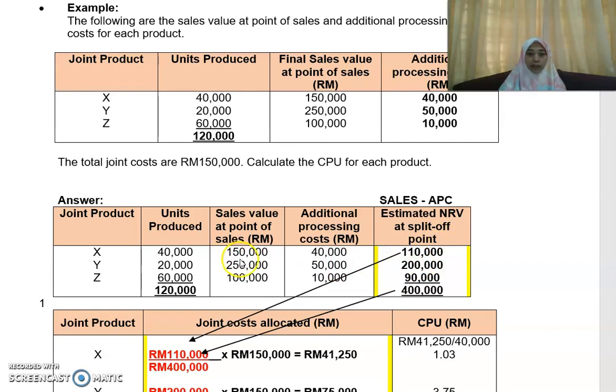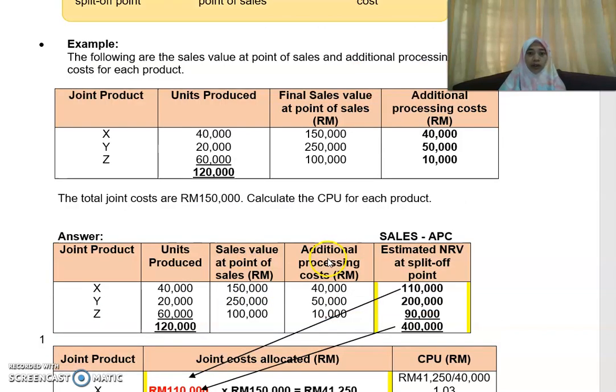Then you do the same thing for Y and Z. For Y, it will be 250 minus your 50, which gives you 200. For Z, that will be 100,000 ringgit minus your 10,000 ringgit as the additional processing cost. That gives you 90,000 ringgit for your NRV.